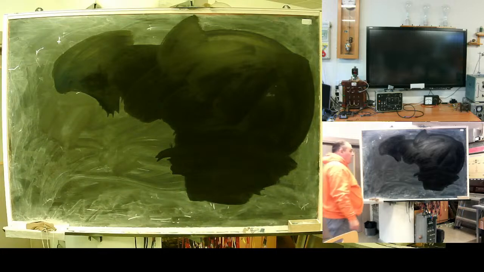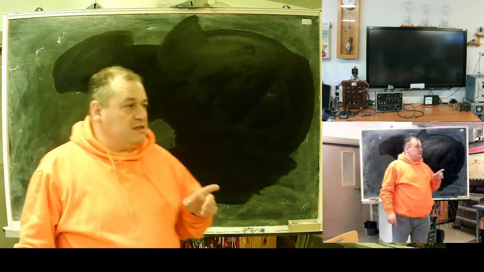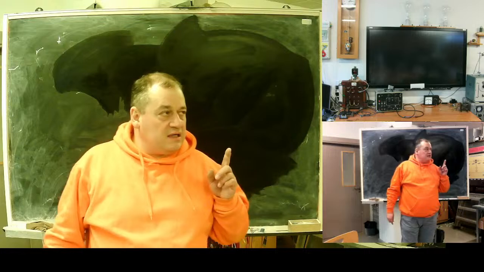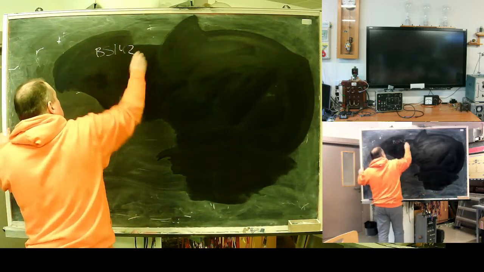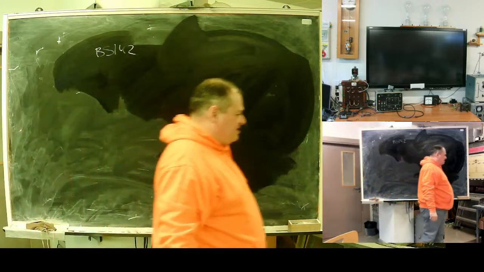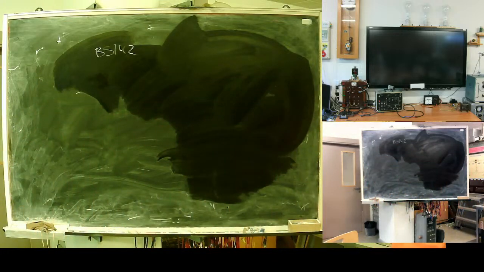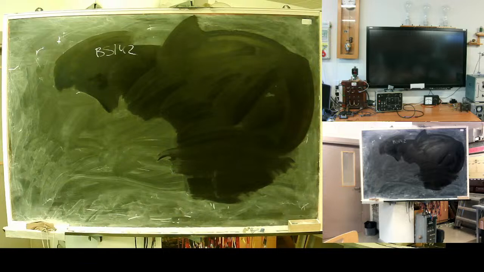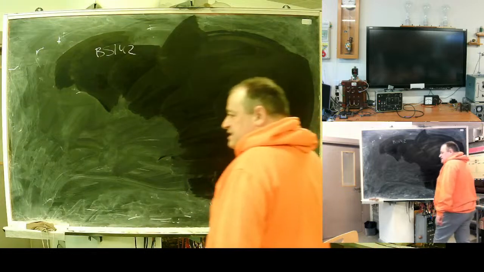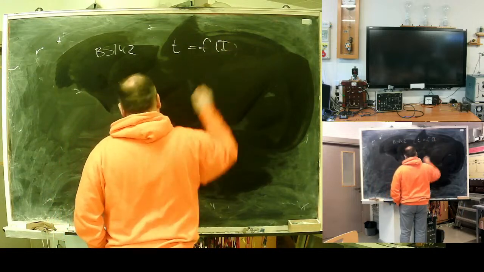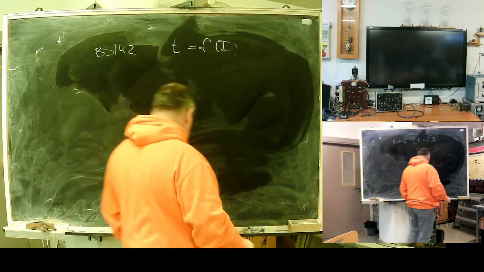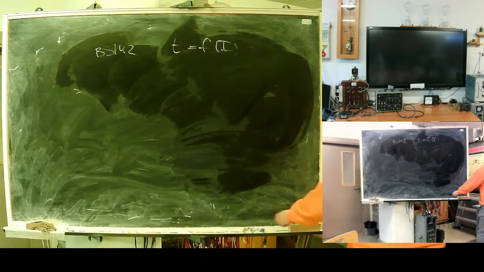Note, there is a standard named BS 142. It has an IEC version, but everyone in our business looks at BS 142. It sets time as a function of current. One second, first I need more chalk.